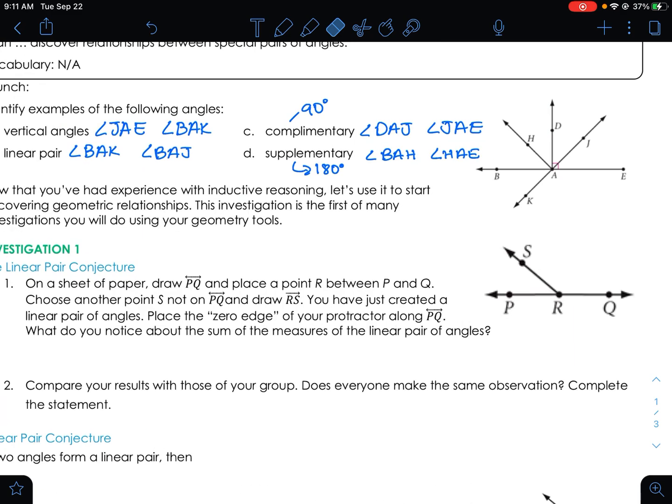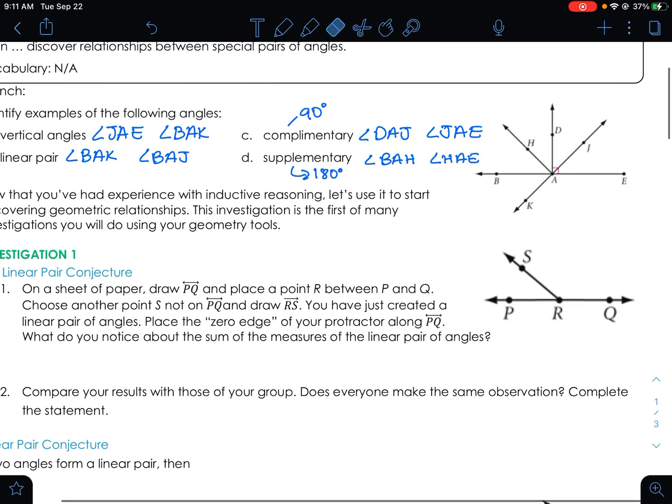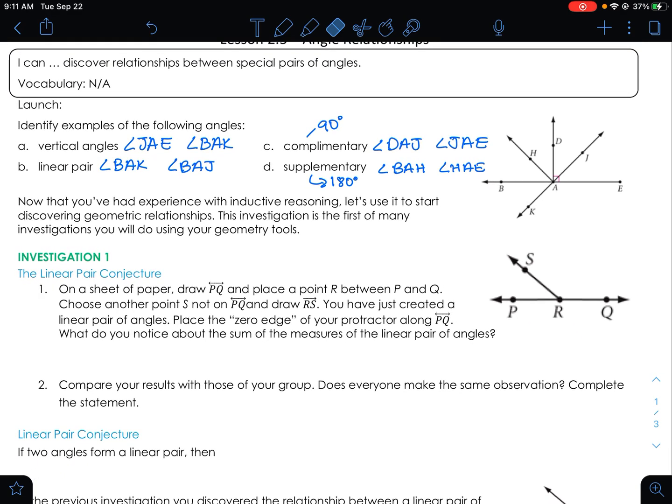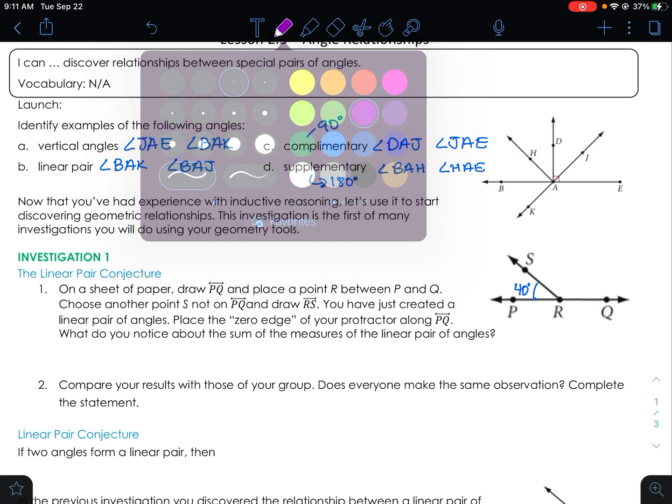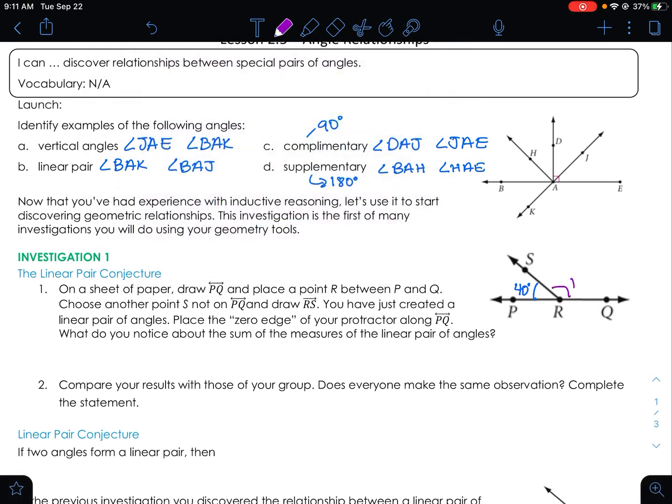So if we were to take a protractor and measure both of these angles over here, we would find out that angle SRP is equal to 40 degrees, and angle SRQ is equal to 140 degrees. So what do you notice about the sum of the measures of these linear pair angles?